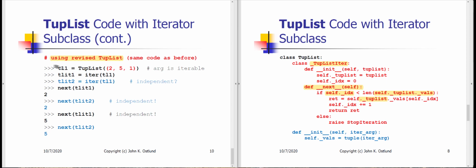Okay, so if I have TL1 as a tuplist containing 2, 5, and 1, and I create TL iterator 1 and TL iterator 2 as iterators on that tuplist, we can see now that these iterators are independent of each other. In fact, let me run this. Let me run both of these versions live.